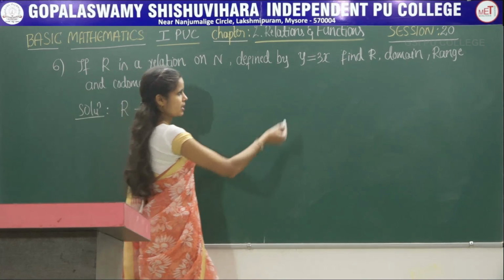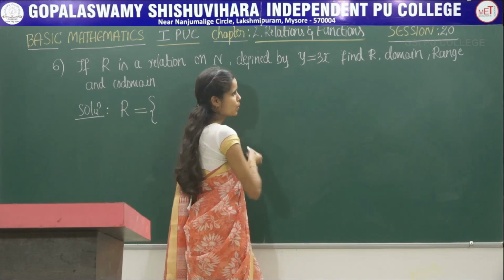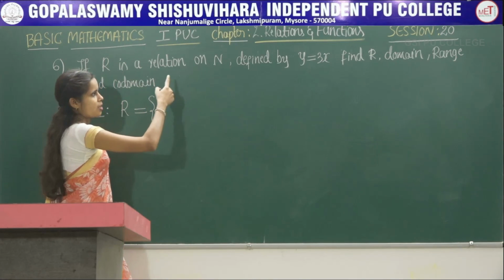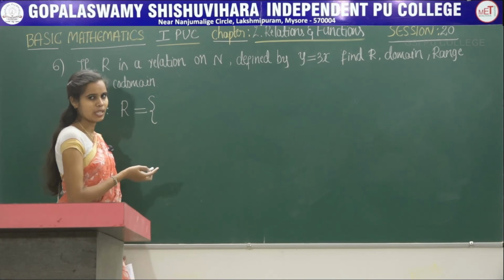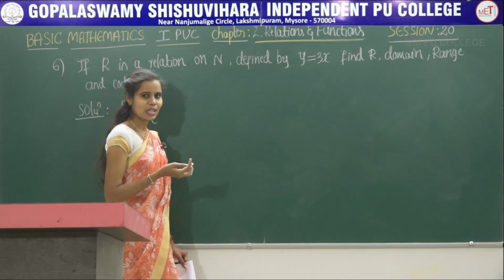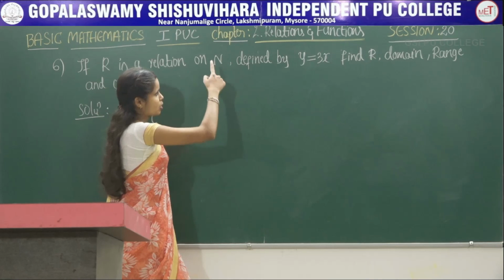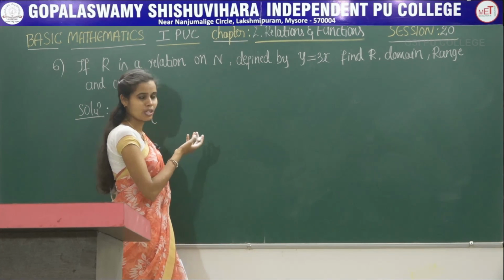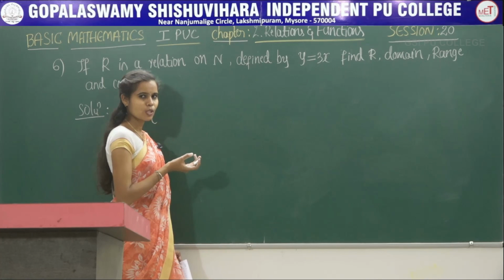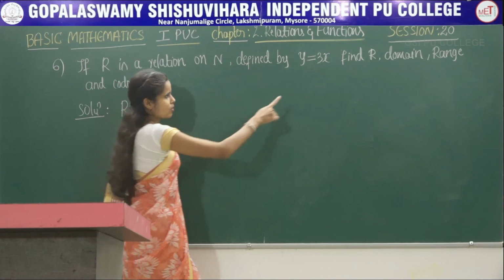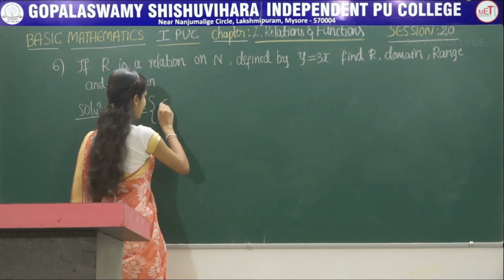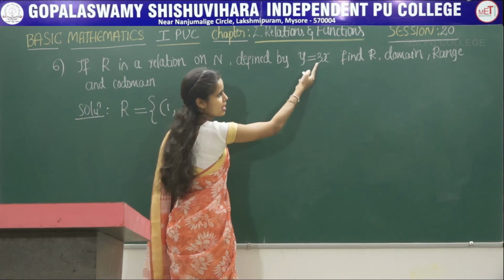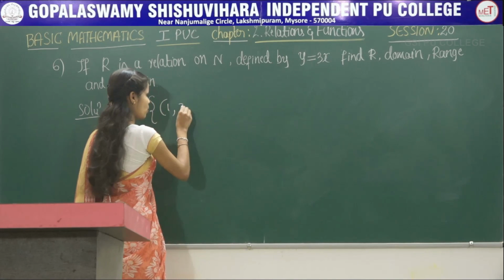Okay. Here using the given condition y is equal to 3x. R is a relation on N, which means the relation is defined from N to N. N means the set of all natural numbers, so x belongs to N and y also belongs to N. So x is equal to 1, 2, 3, 4, 5, etc. Substitute first x is equal to 1.